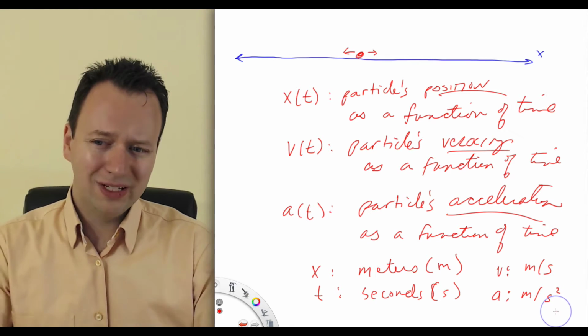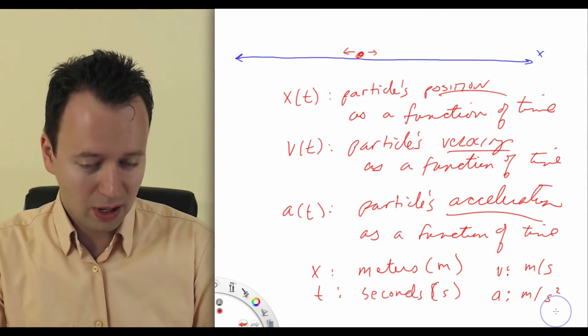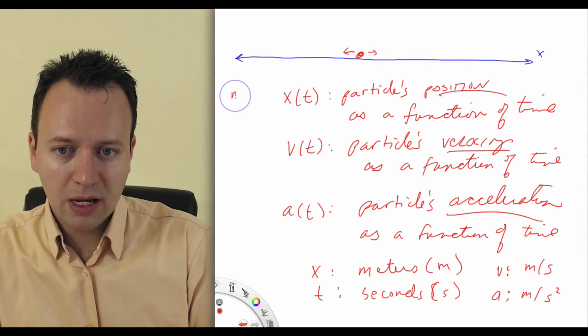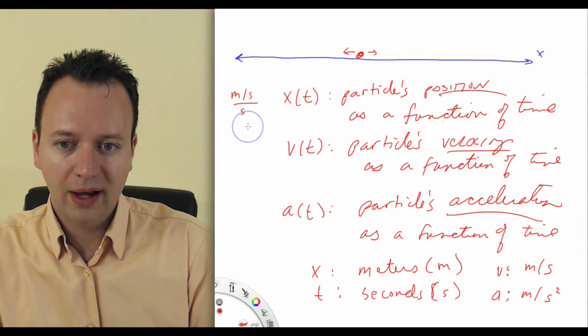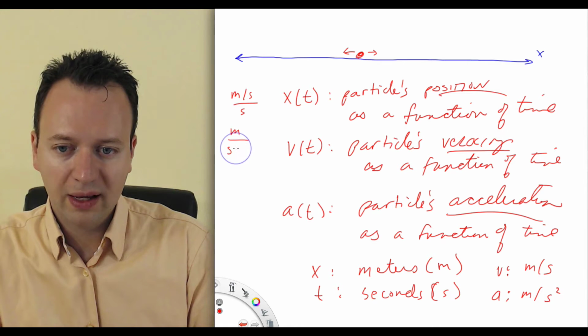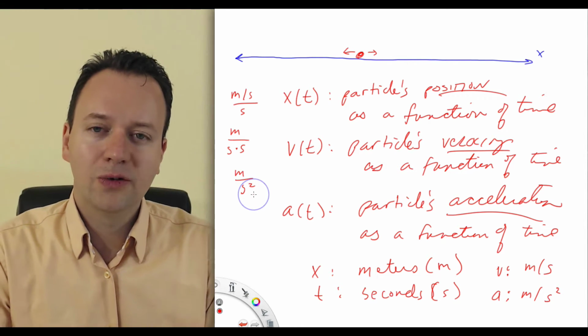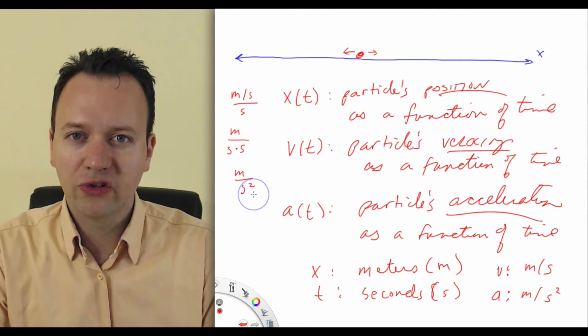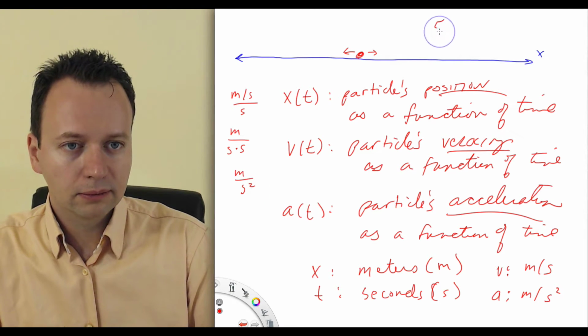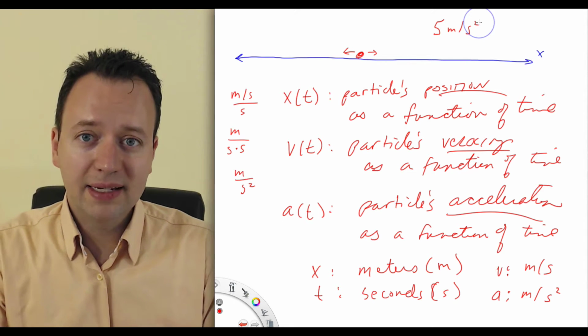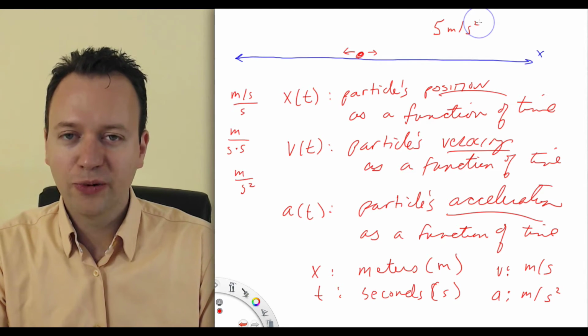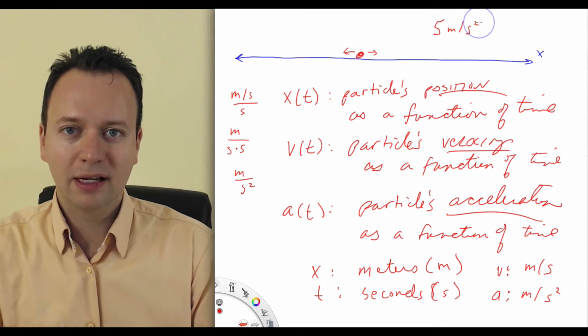Now, what's a meter per second squared? It seems a little bit strange. And the idea is it's meters per second per second. So you can say meters per second times second, or meters per second squared. So in other words, if you're accelerating at 5 meters per second squared, it means that every second, approximately 5 meters per second is being added to the existing velocity.